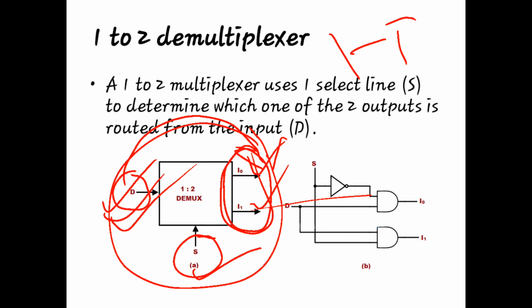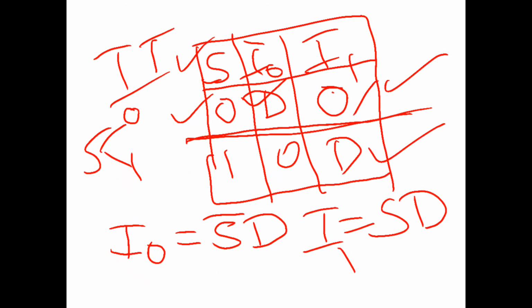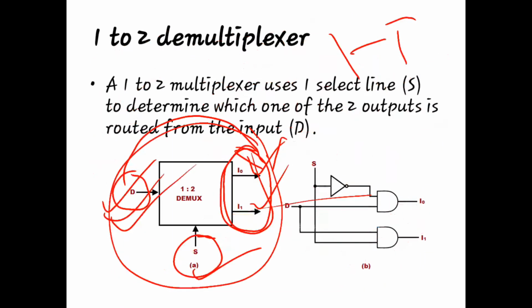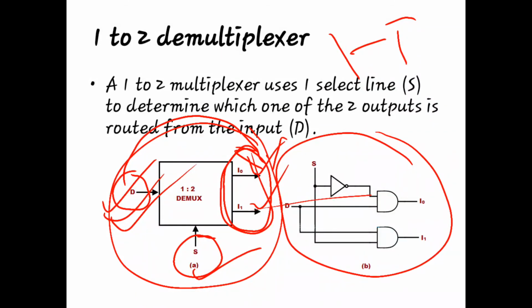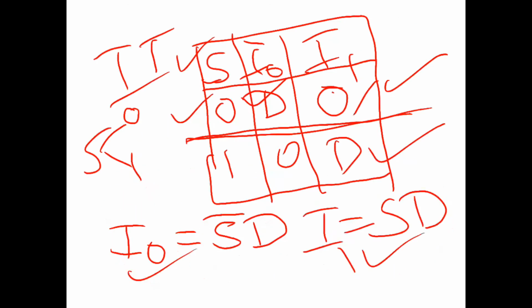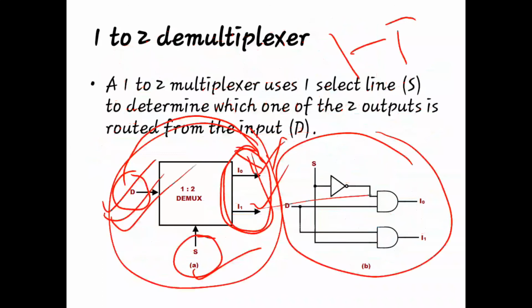Following this expression for both the outputs I0 and I1, we can draw the logic diagram. In this example, for I0 we have S bar D, so the select line S is going to be inverted using the NOT gate.